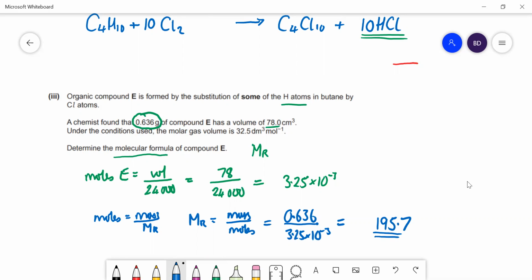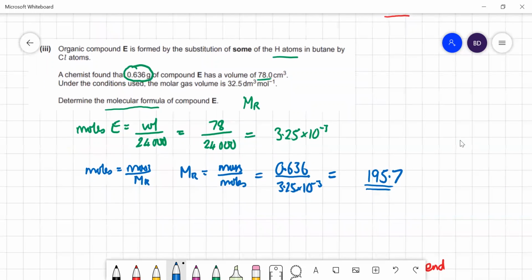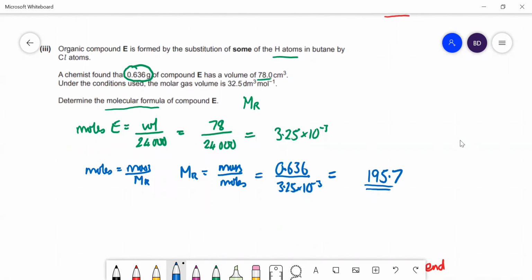Now, we've got to think how many chlorine atoms are in that. Okay, now it came from butane. Butane is C4H10, and the MR of that is 58. So this is obviously a lot heavier because it's got some chlorines in there. Well, how many chlorines? Let's see. So let's do 195.7 minus 58, and that's going to be approximately equal to the weight of the chlorine. Not exactly, because there's a few hydrogens going to go there. That gives us 137.6.